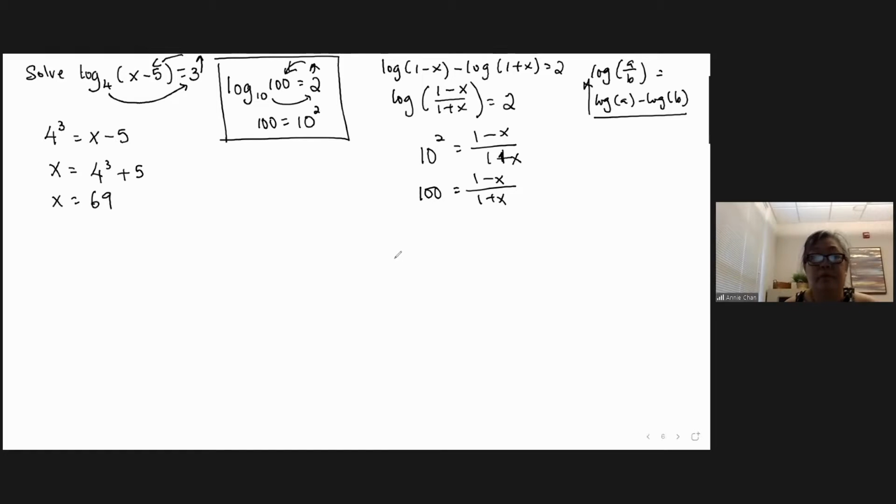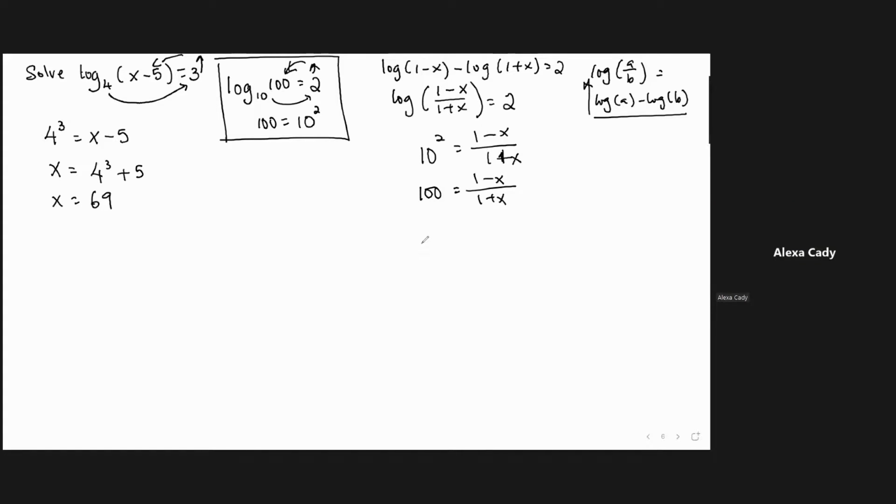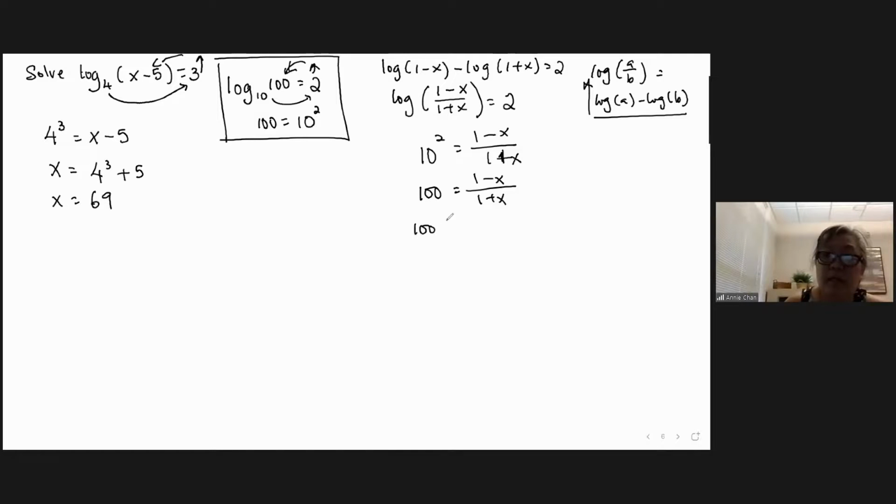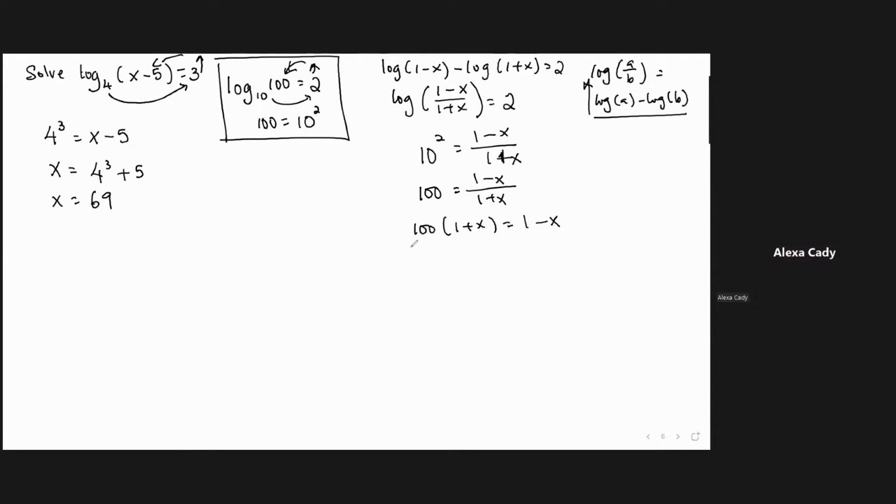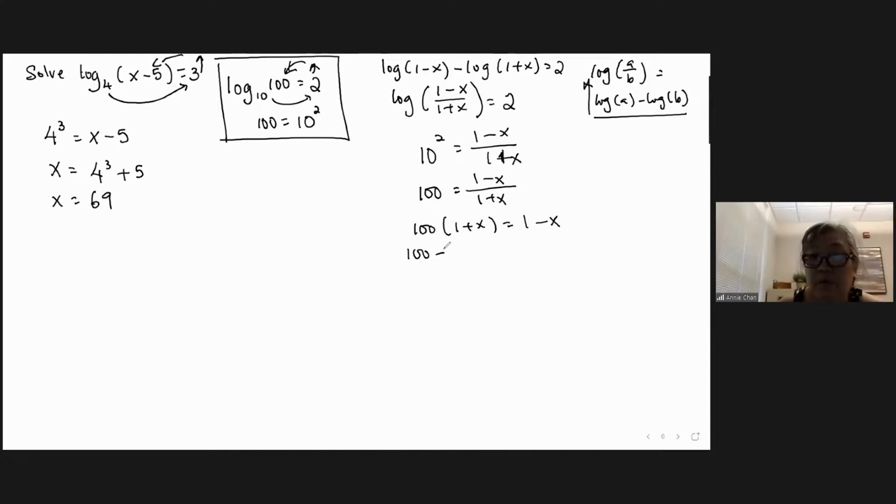You multiply 1 plus x to both sides. Fabulous. 100 times 1 plus x equals 1 minus x. Now what? Do you distribute the 100, like 100 plus 100x? I would. 100 plus 100x equals 1 minus x.